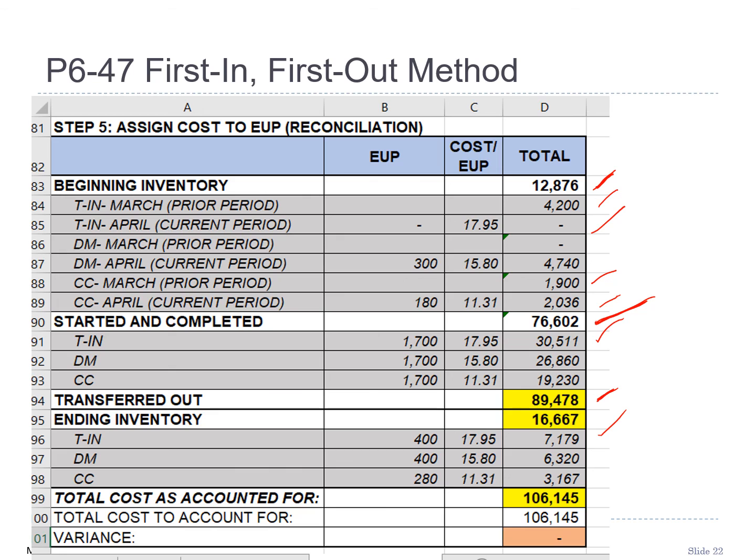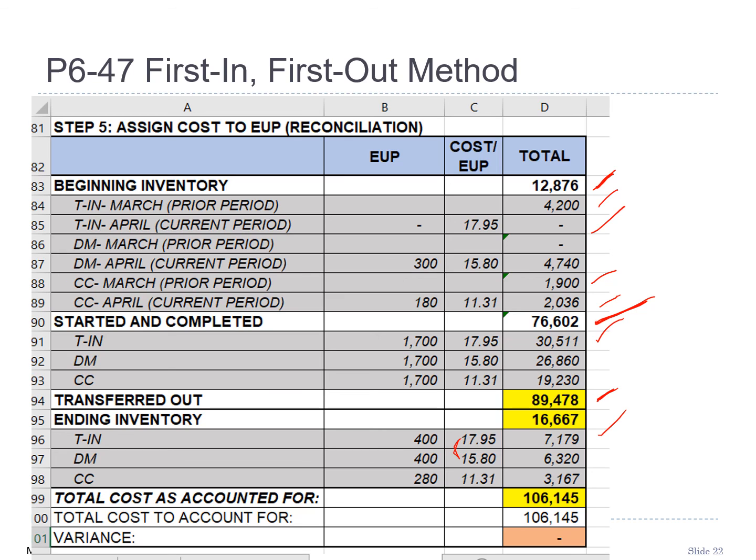Ending inventory. So, ending inventory, so transferred in. Direct material, same lang sila. Actually, pwedeng i-add itong dalawa, tapos multiply ng 400 since same lang naman. So, separately ko lang din kinompute for illustration. So, 400 times 17.95, 7,179. 400 times 15.8, 6,320. 280 times 11.31, 3,167.